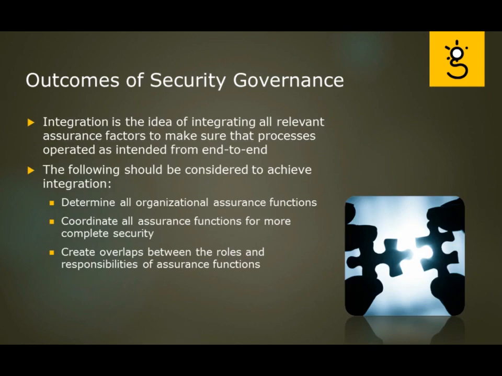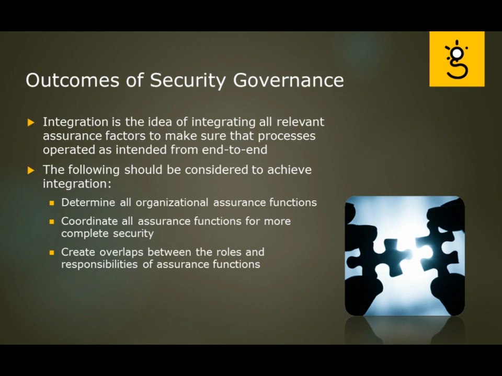Now, integration is the idea of integrating all the relevant assurance factors to make sure that the processes are operating as intended from end to end. The following should be considered to achieve real integration. Number one is to determine all the organizational assurance functions that are there. Coordinate those assurance functions to have more complete security.